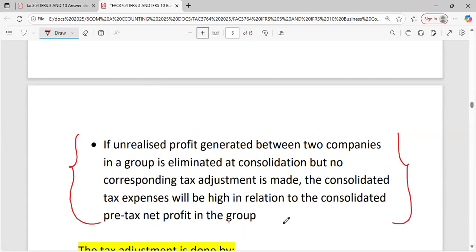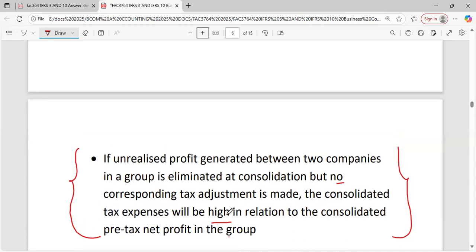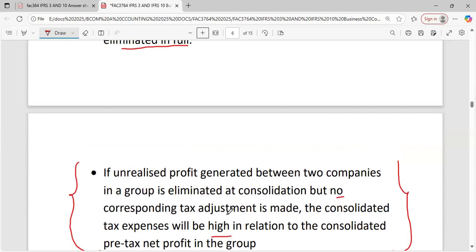If there is an unrealized profit between two companies, we eliminate this at consolidation, but there is no corresponding tax adjustment, then the tax expense will be high in relation to the pre-tax net profit in the group. Is there anyone who understands what is happening in this statement?